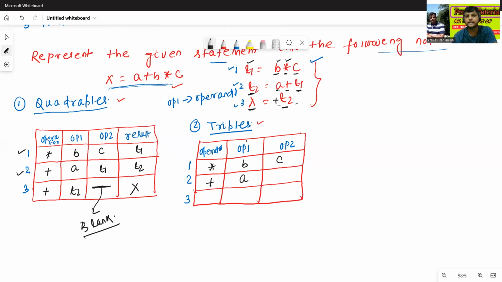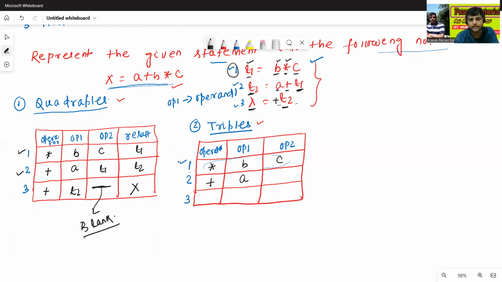Because here we'll use the reference. Here T1 means T1 is the result of the first one. So simply we can write here, this line, B star C, is stored in 1.